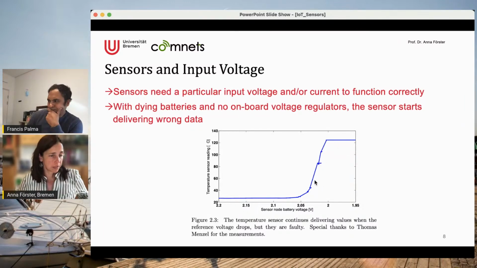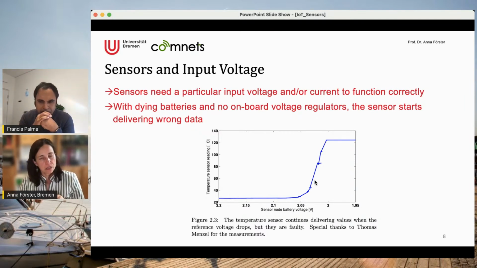So what is happening here? What is the explanation? Because it's a resistive sensor, the temperature changes the resistance of the sensor, and that can be measured. However, it needs a point of comparison, and the point of comparison is the input voltage.